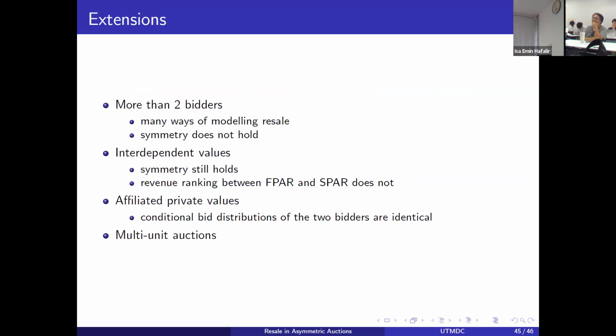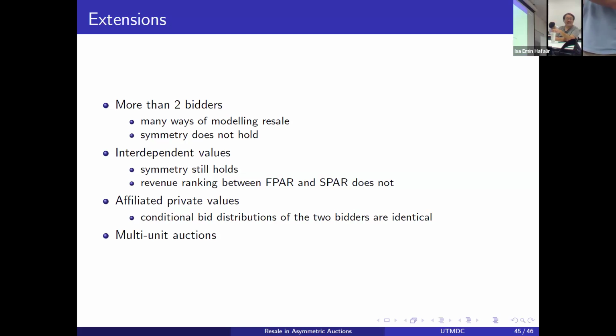There is at least one and maybe a few more papers that had looked at auctions with resale with more than 2 bidders, and it's complicated. The first complication is how are you going to model resale, right? There is the optimal auctions with resale paper by Charles Zhang, for instance.